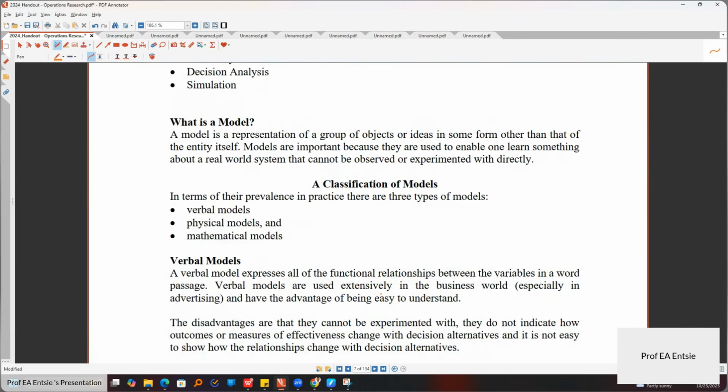Then we call that small object or item a model. All right, so we have three types of models. We have the verbal, physical, and the mathematical. And in the scope of this course, we will be dealing with the mathematical model.